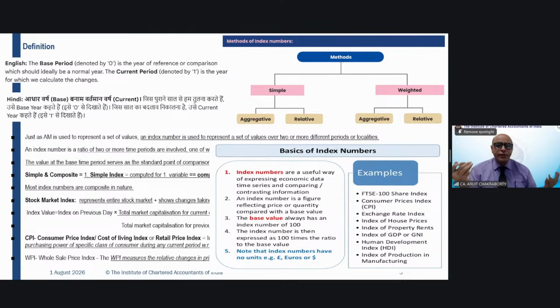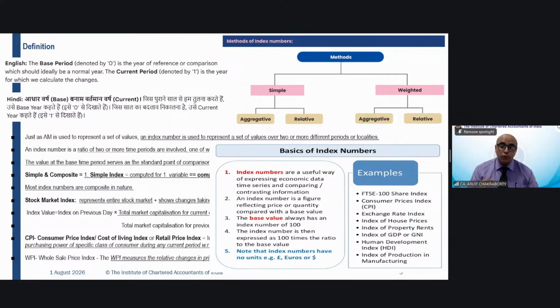And examples: index of house prices, the Human Development Index, nowadays being implemented and followed and evaluated in different states in India and other countries. Then you have the CPI, index of production. There is another term which many of you might be knowing, IIP, the index of industrial production.